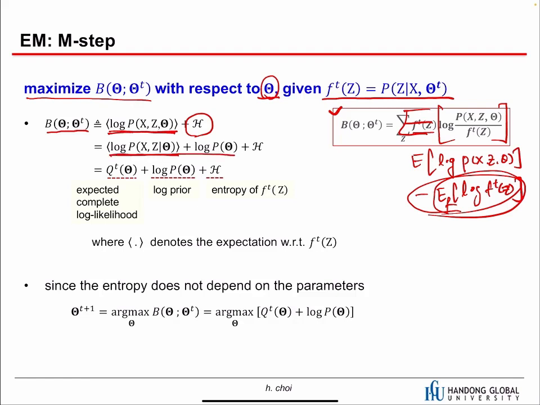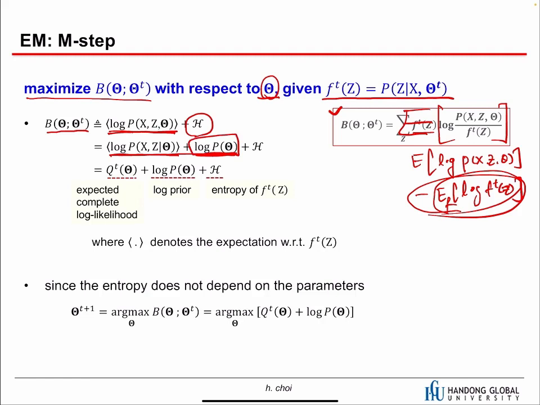The first one is the expected complete log likelihood, and this one is a log prior, because it has nothing to do with f.